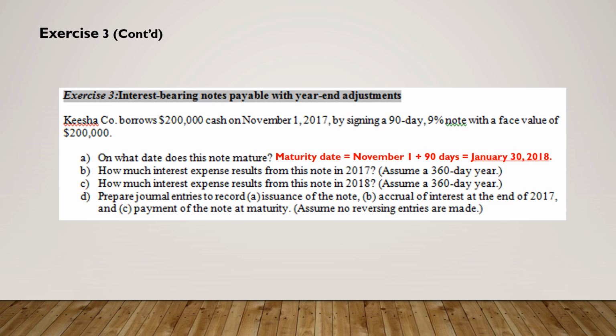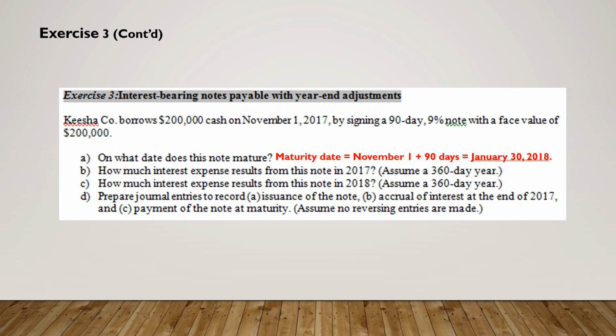This is an accrued expense, I got the benefit. However, I will not pay it now. I'll pay it on the maturity date, which is not yet its date. It will be on January 30, 2018. So I need to make an adjusting entry for the accrued interest expense at the end of 2017.